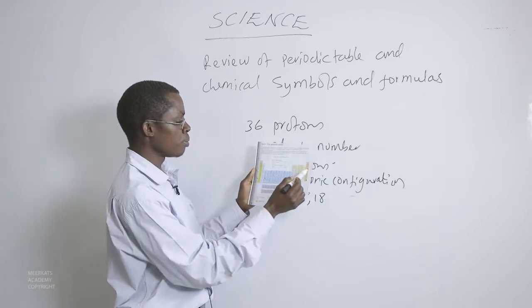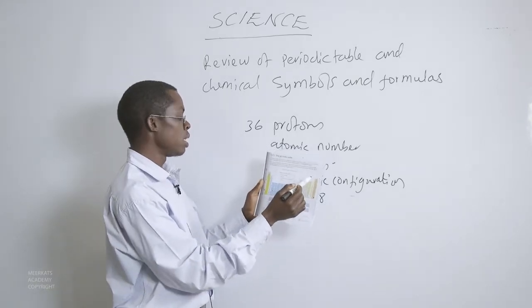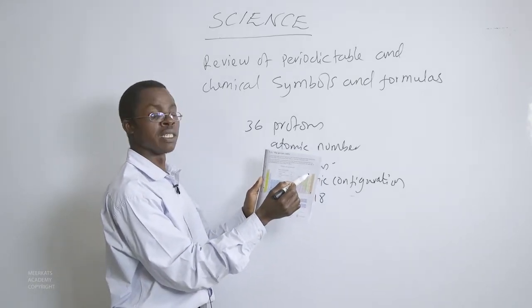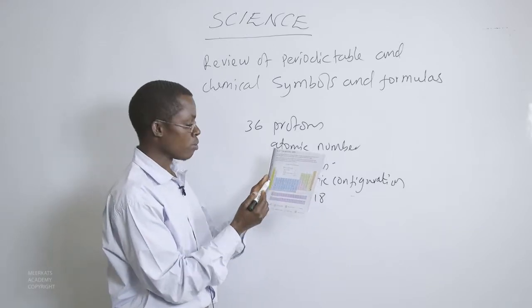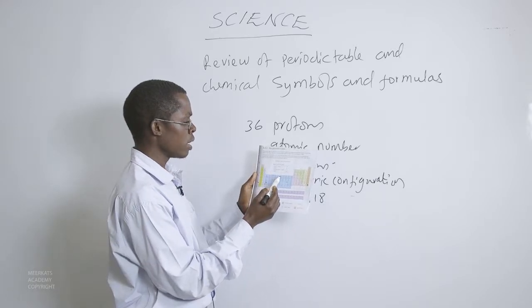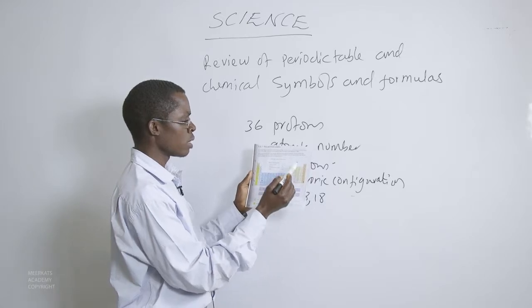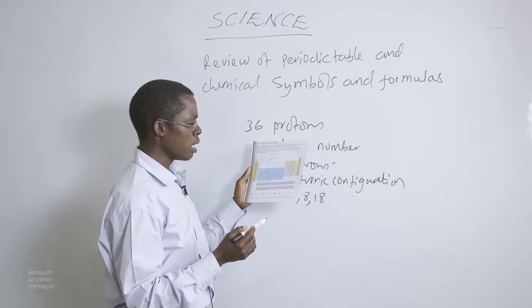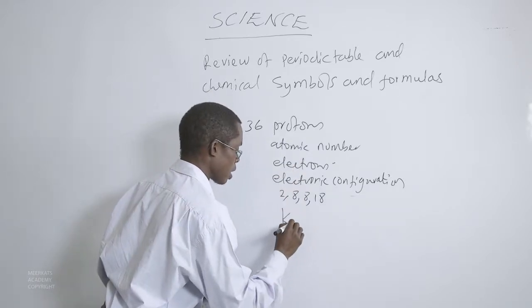I go 18 steps, or checking on the one that has outermost energy level having 18 electrons, and that is the last one. We can confirm that by 1, 2, 3, up to 18. And the element is krypton.